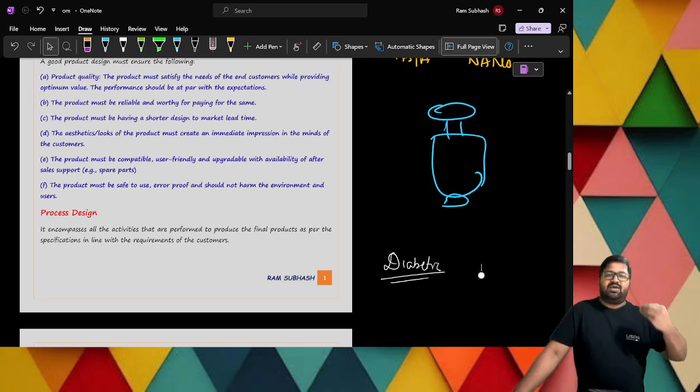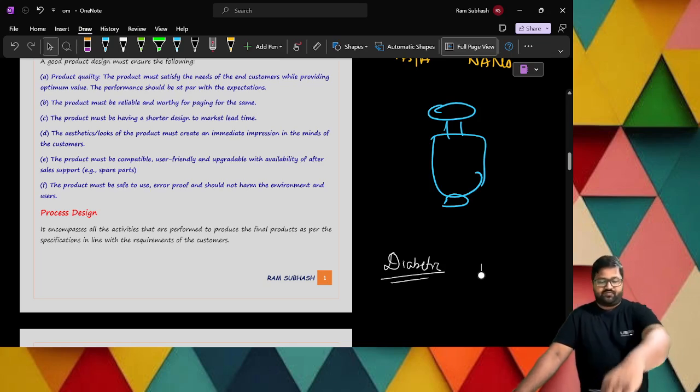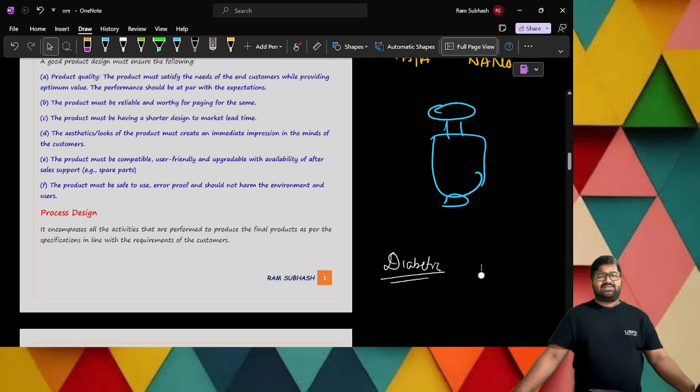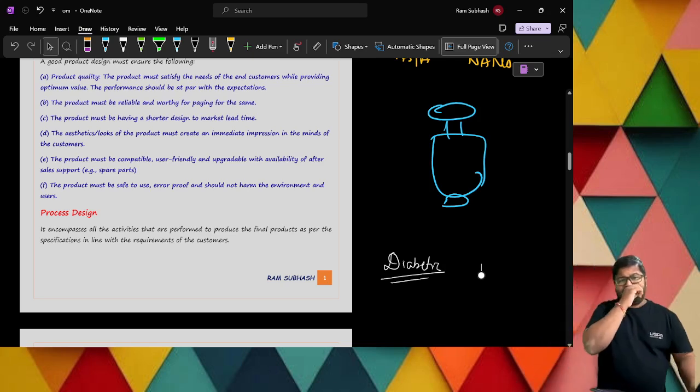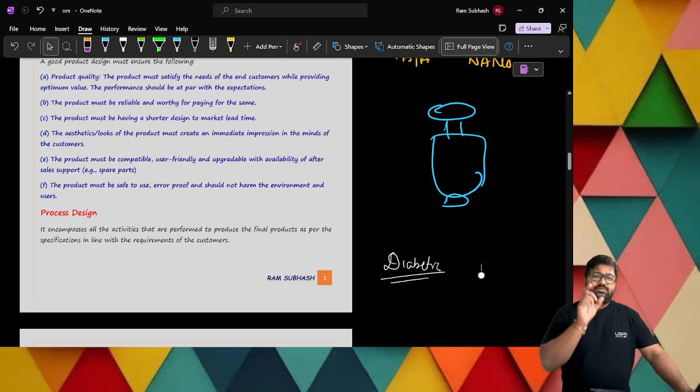For example, if a product is causing harm to human beings, like medicine strips made with chemicals, can they decompose easily? They cannot. So there are some things which should be satisfied. For example, what I take should be safe for me.